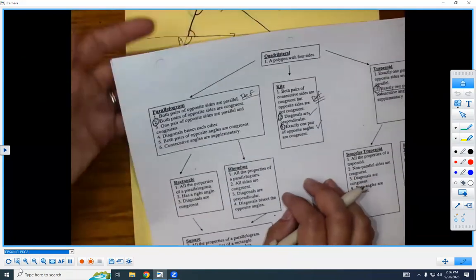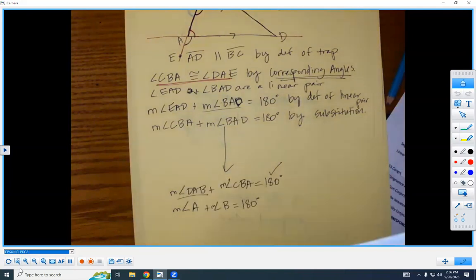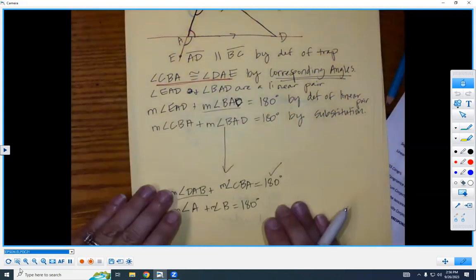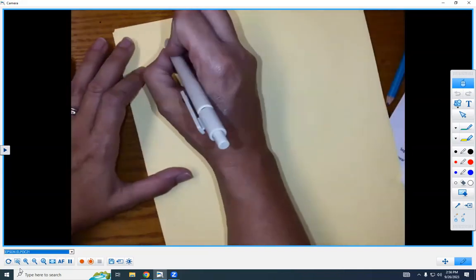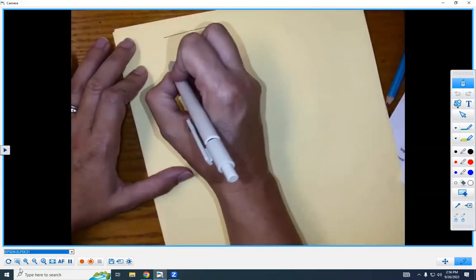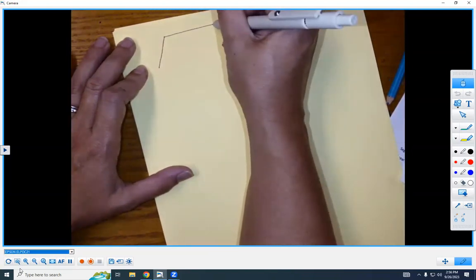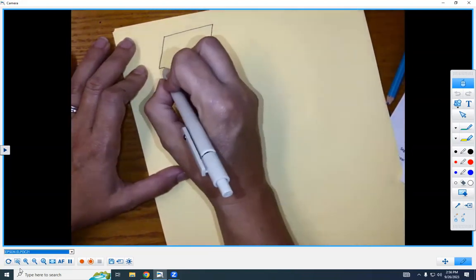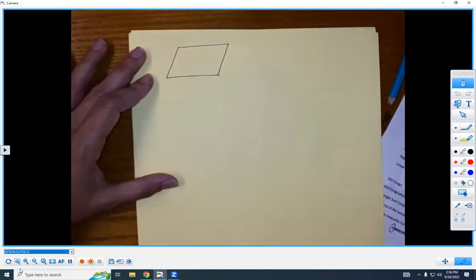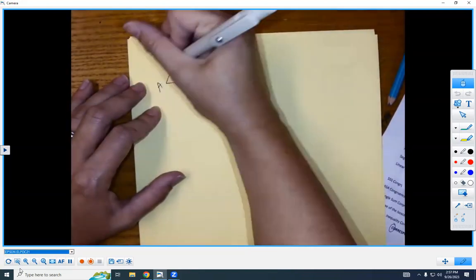So let's draw a parallelogram. A parallelogram again is just 2 sets of parallel lines. Don't make it look like a rhombus or a square, because you might start making assumptions otherwise.